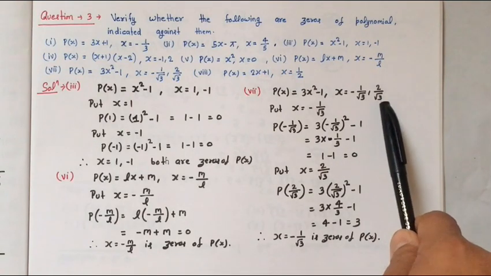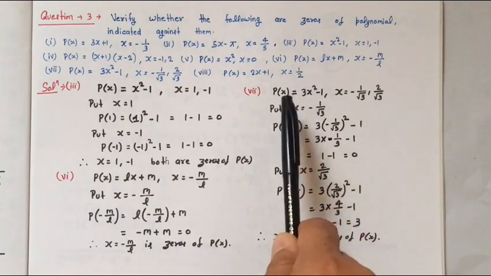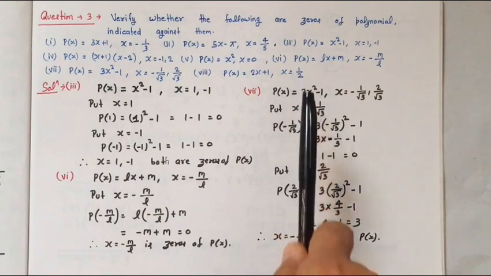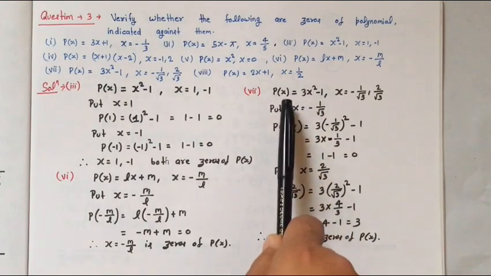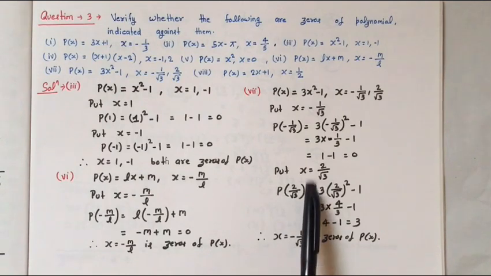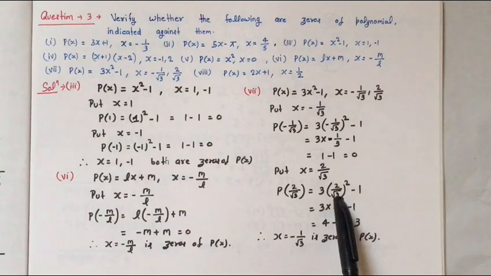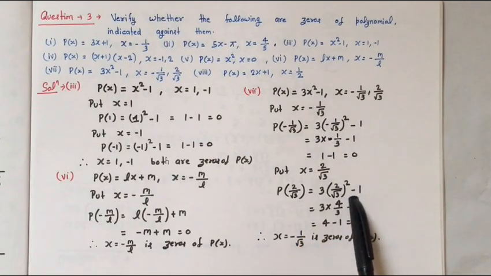Next one is 2 by root 3. Now put x equals 2 by root 3 in the given polynomial p of x. So p of 2 by root 3 is equal to 3, in the place of x it is 2 by root 3, whole square, minus 1. Now solve it.